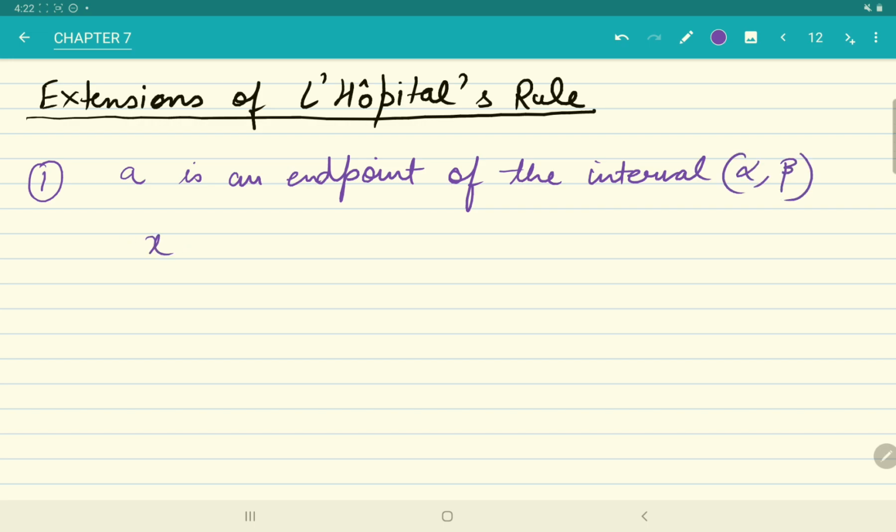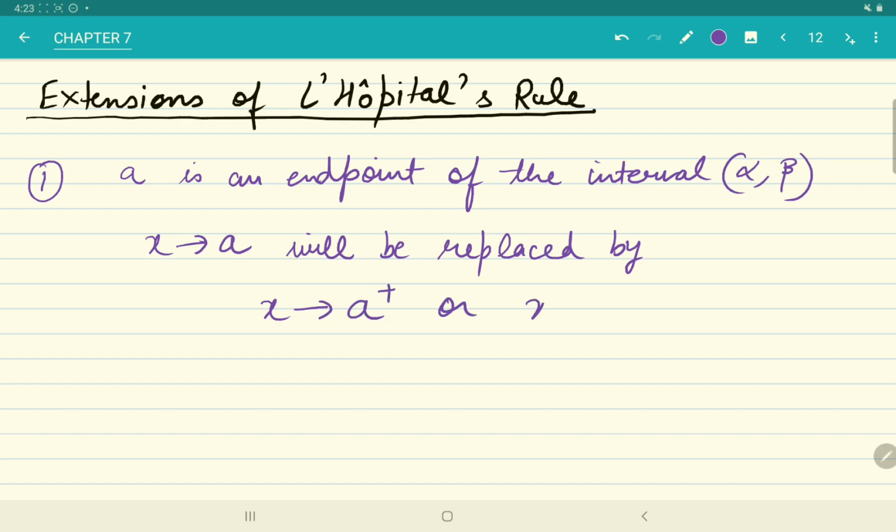Now in this case, x tending to A will be replaced by x tending to A from above or x tending to A from below, as the case may be. That's the first extension of L'Hopital's rule.